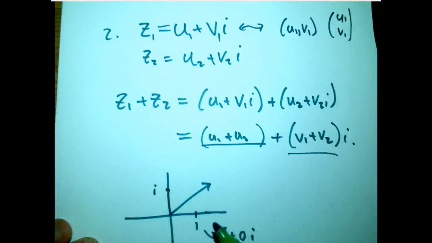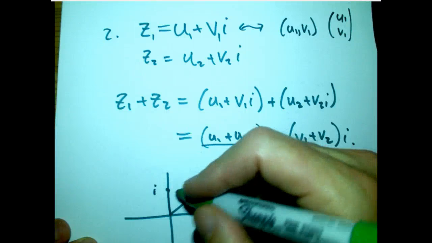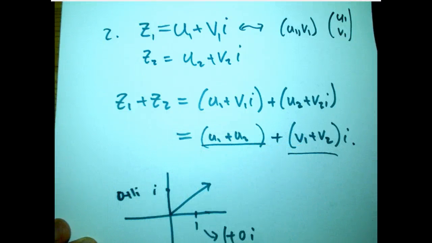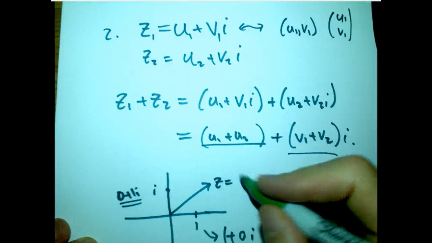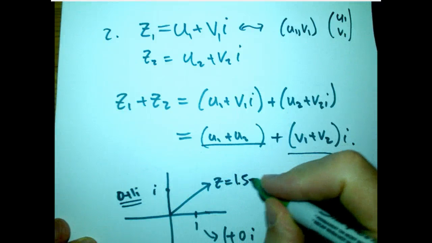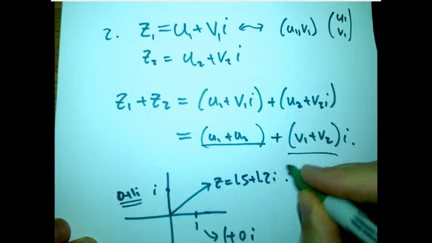Again, this is really forced on us. In case you were wondering, I'm not slipping a genuine choice under the rug. That's just 0 plus 1i. So that's 1 comma 0, 0 comma 1. That really should go in this location and this location. And then here is going to be something like, maybe 1.5 plus 1.2i, something like that.